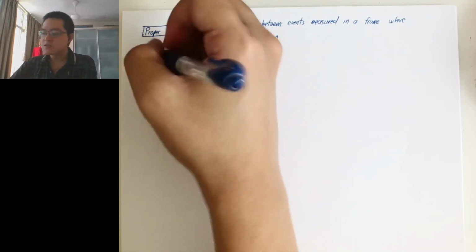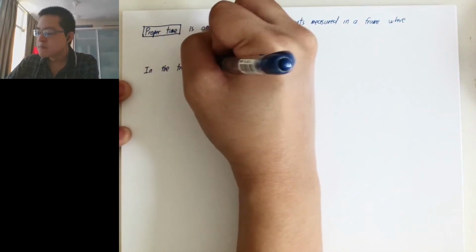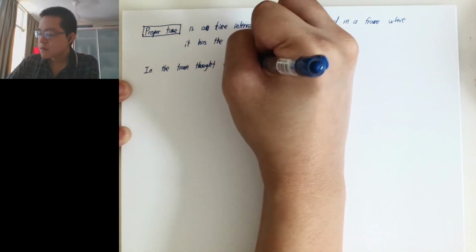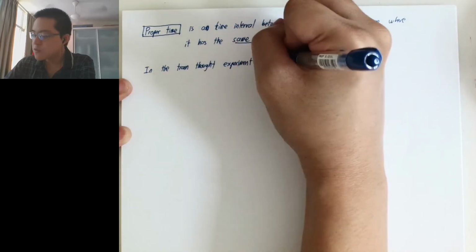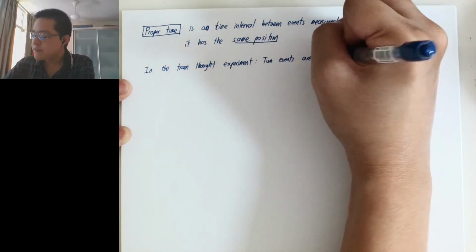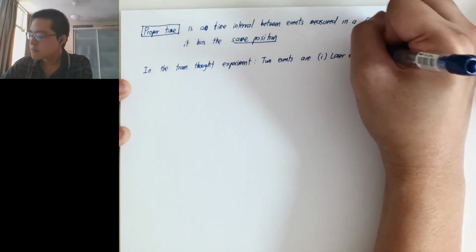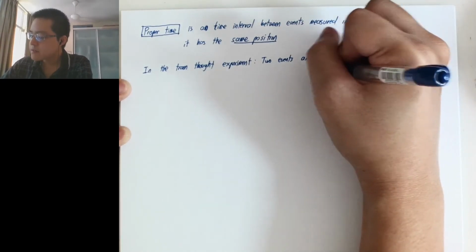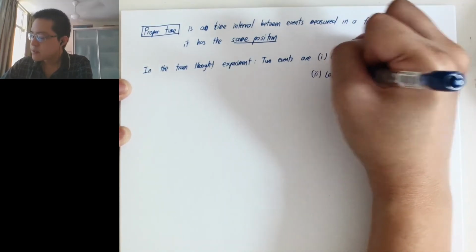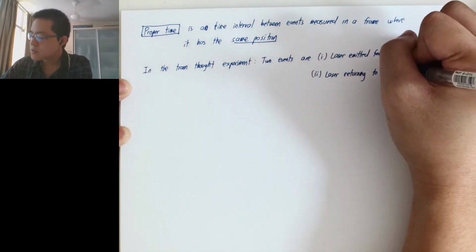Let me explain why. In the train thought experiment, what are the events? The first event is the laser emitted, and the second event is the laser returning to the source.